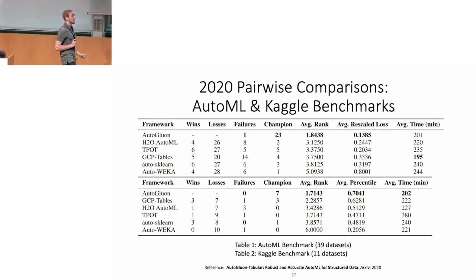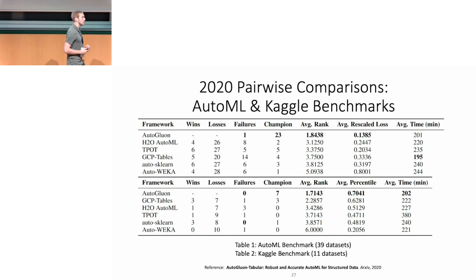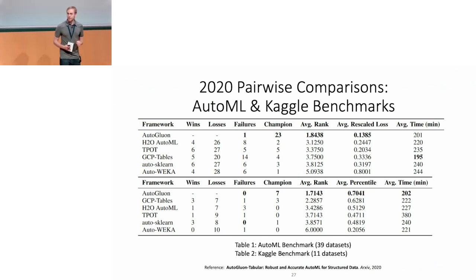Okay, so with that, in 2020, we released our original paper where we showcased that AutoGluon was able to get very strong results and achieve state-of-the-art in AutoML on the AutoML benchmark, as well as on 11 Kaggle competitions.